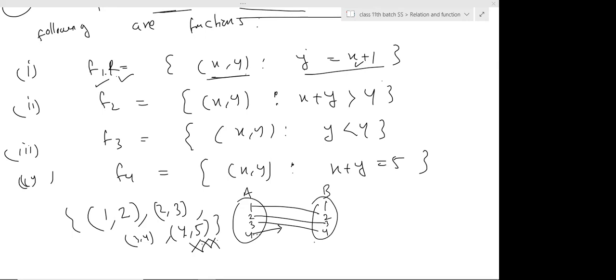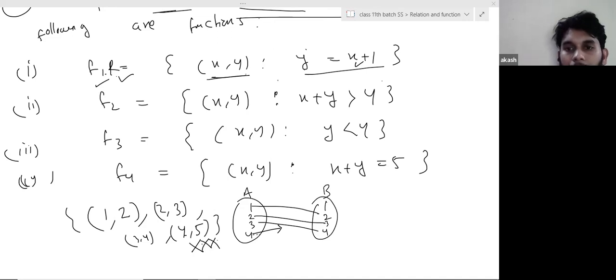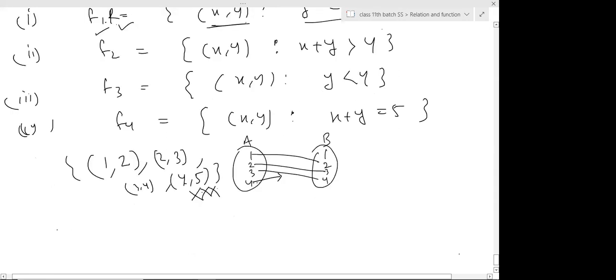Sir, I didn't get how to solve the third part. All right, let me solve this. Second one, can you make ordered pairs of the second one? Second and fourth would be functions, but I'm not sure about the third one.